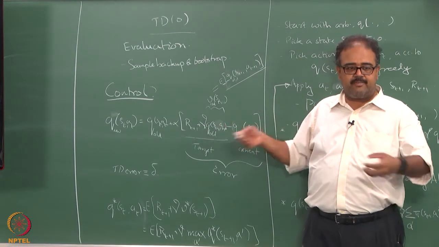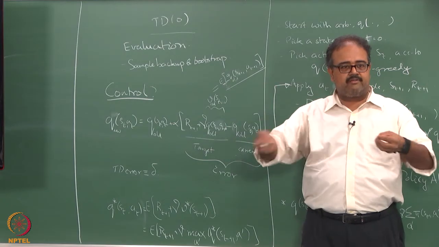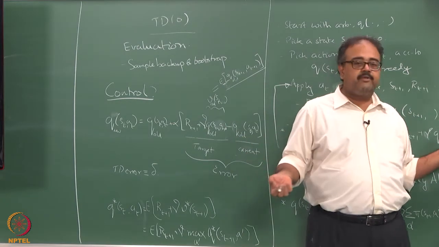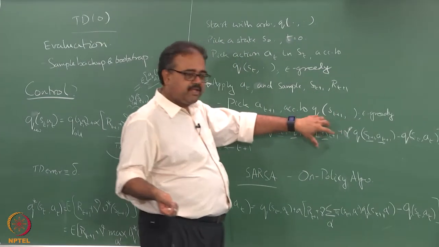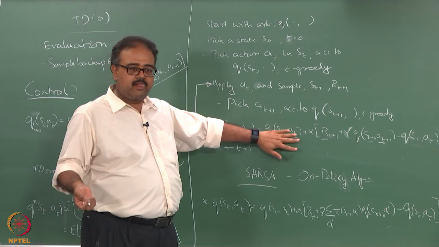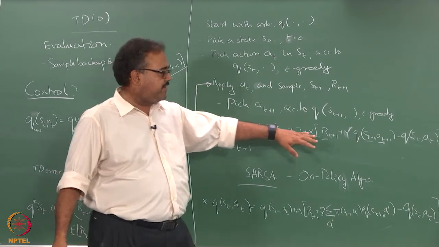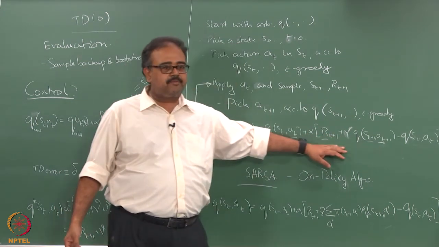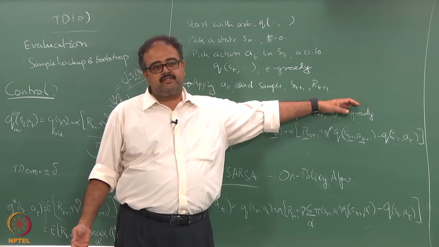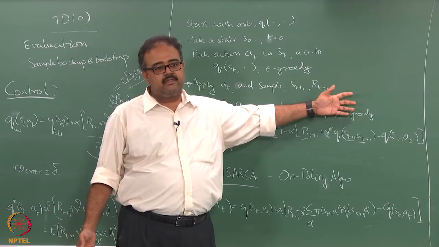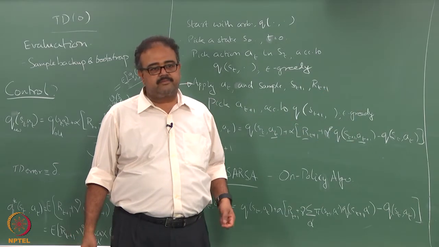That means I should actually be sampling it according to whatever updation I am making, but I will not be doing that, I will be sampling by a different action. If I pick another action after I do the updation, I will be breaking the assumption that this is an approximation for the return. So that is the reason we need to pick the action beforehand and then stick with it.